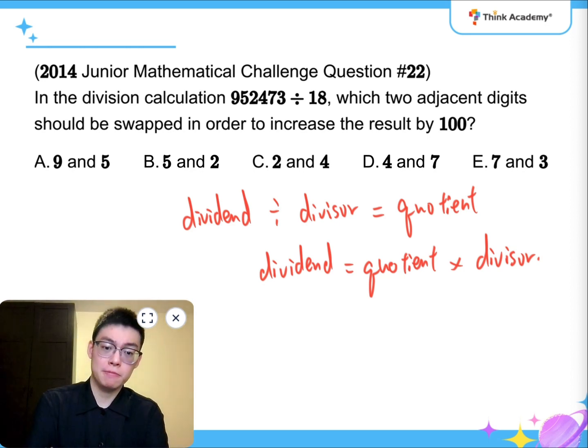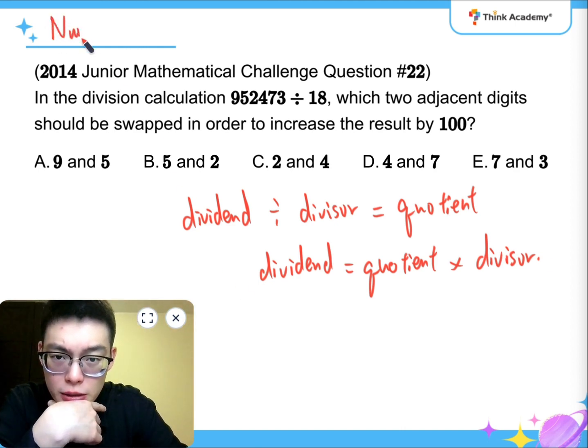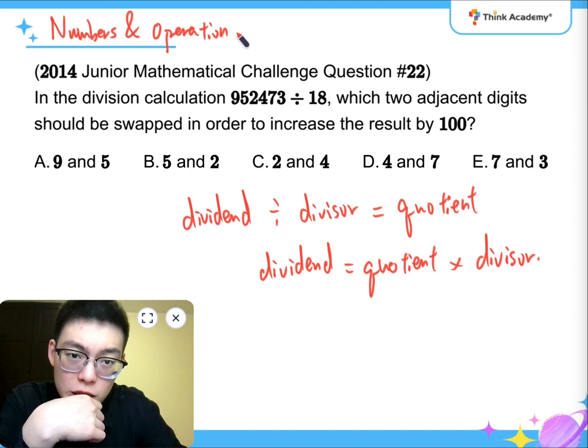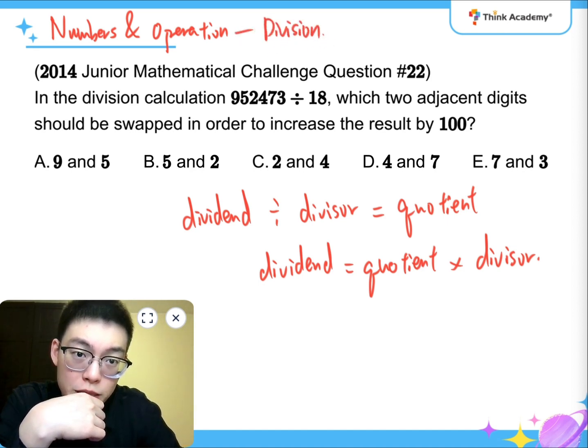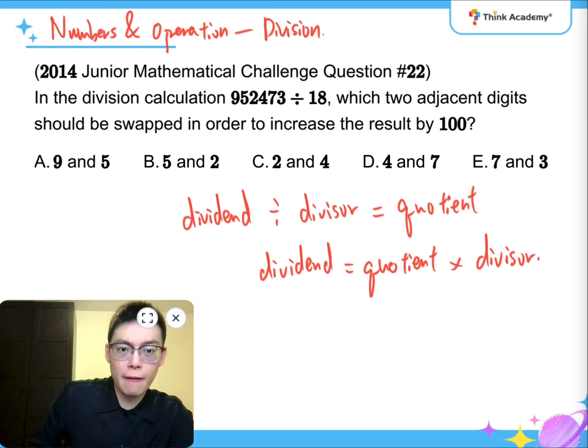So, how can we make use of this to solve this question? First of all, this is definitely a numbers and operations question. And it has got to do with division, or the property of division, all right? So it belongs to the 4 basic operations.